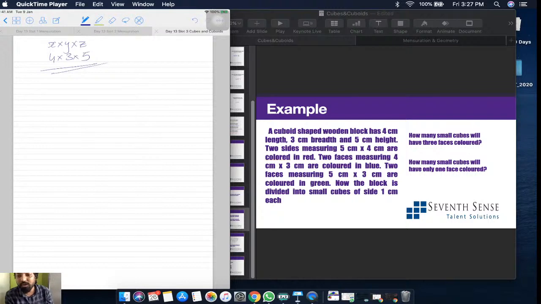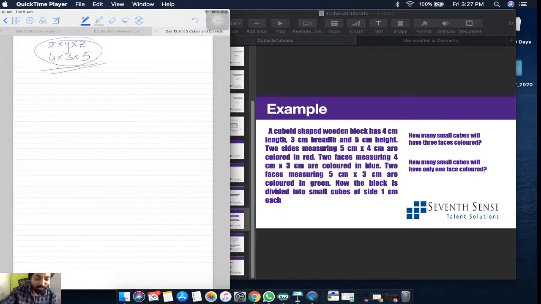How many small cubes will have three faces colored? The entire data given is this much only. There is nothing to read in the question. Don't even bother to read the rest of the question.